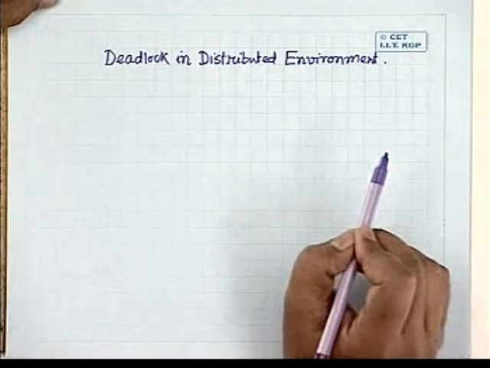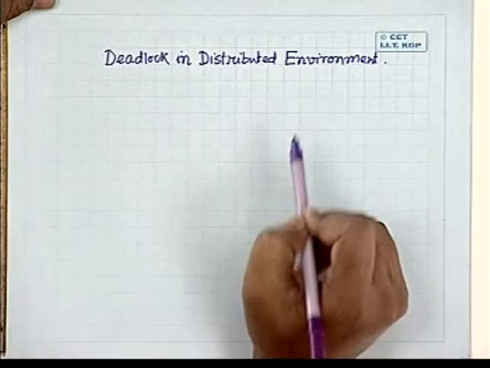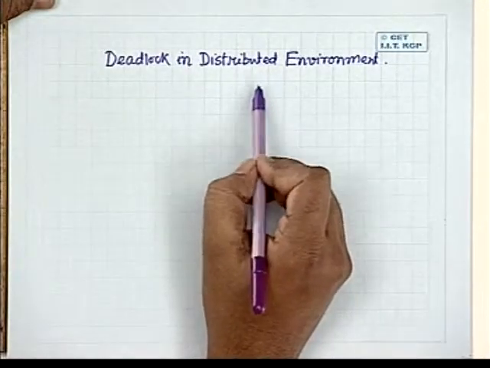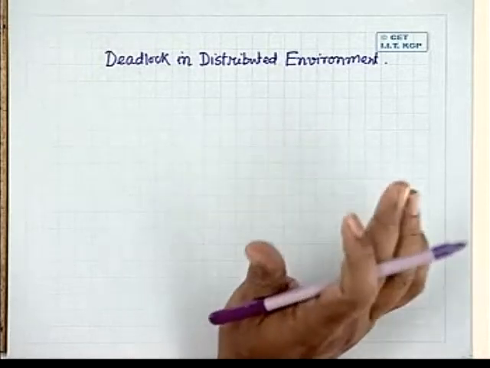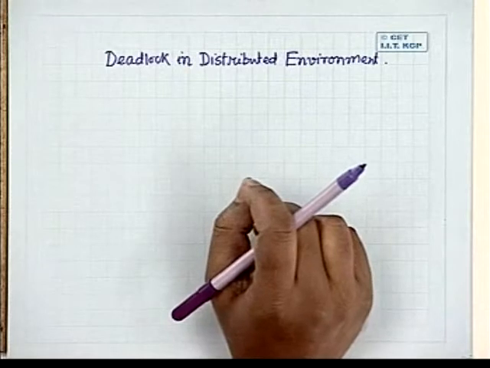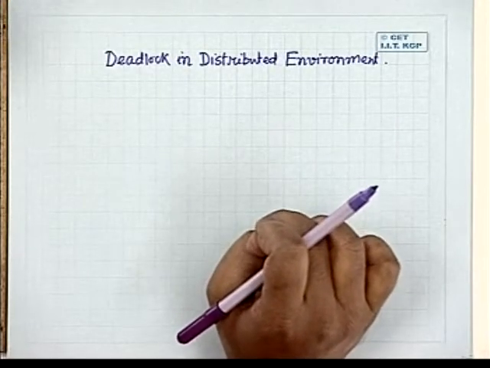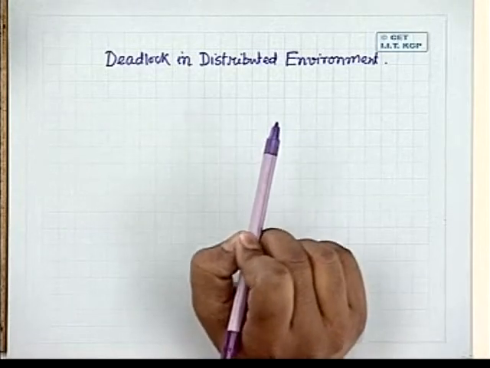In distributed environment, the deadlock problem is much more complicated, because here the processes and the resources are not in the same machine. The processes are distributed in different machines. The resources are also distributed in different machines. It is possible that a process in one machine requests a resource which is available in another machine.